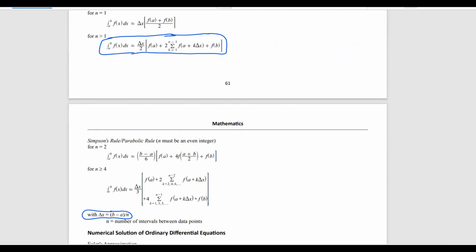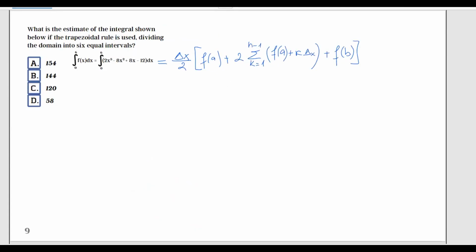And then we also have to calculate f of a plus k delta x, which in our case, f of a is f of 0. And then we're going to have to calculate f of 1, f of 2, f of 3, f of 4, 5, and 6. So f of a equals f of 0 in our case, and then f of b equals f of 6.